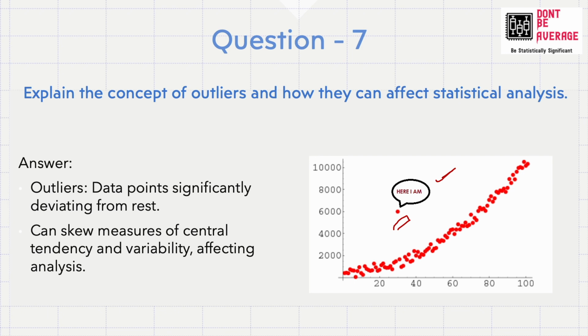For example, if you are looking at age value of a group of students and suddenly there is an outlier of age 50, the average age of the whole group can go up to 40 even if the rest of the students are all teenagers. So it's important to identify and address the outliers appropriately depending on the context of the analysis.